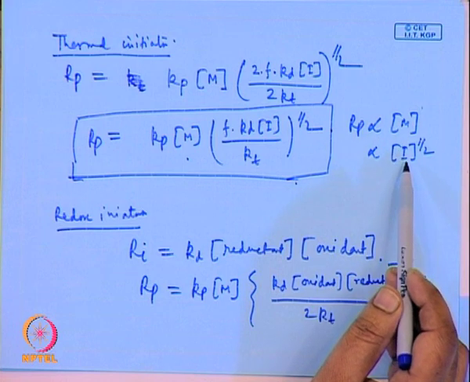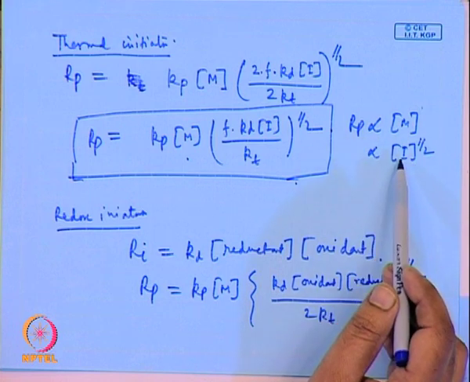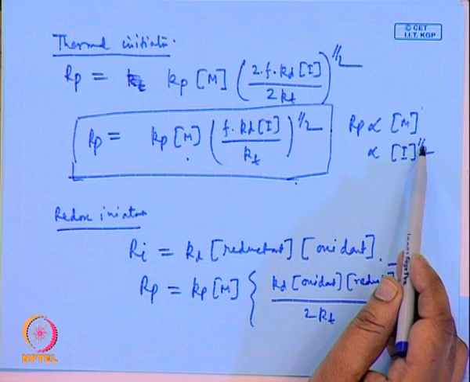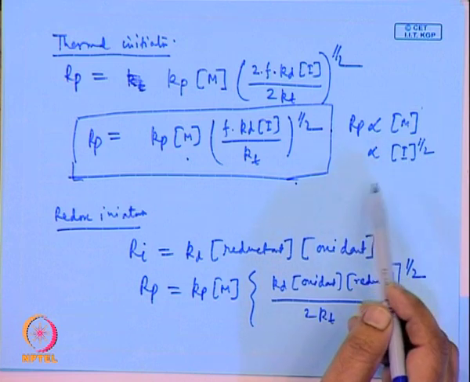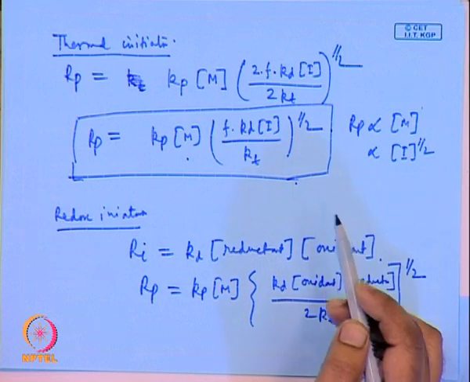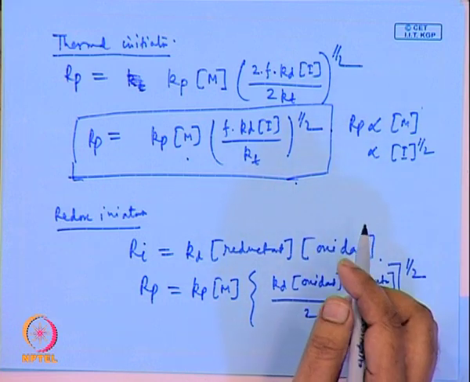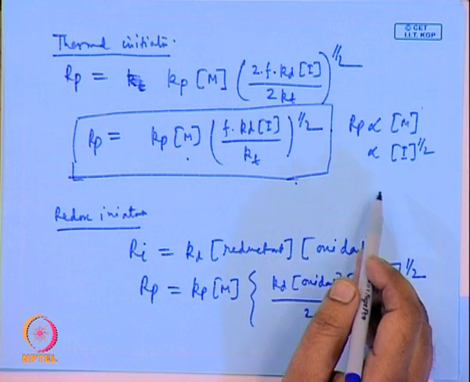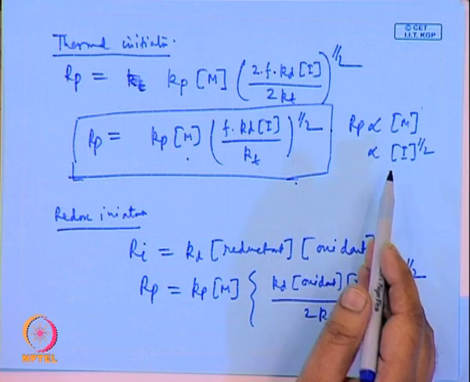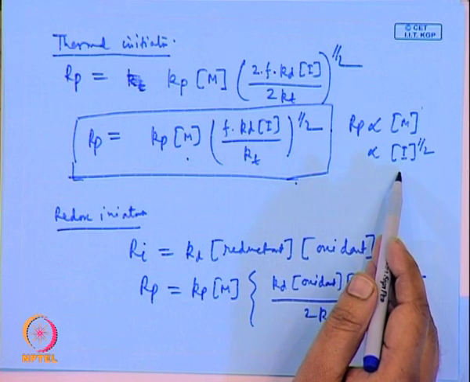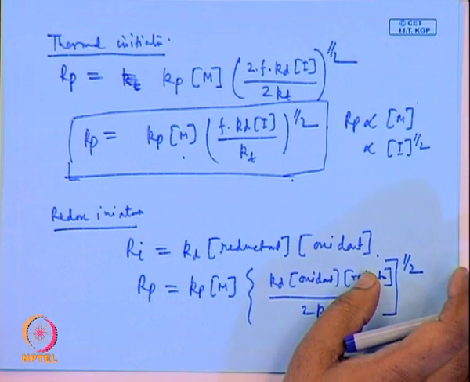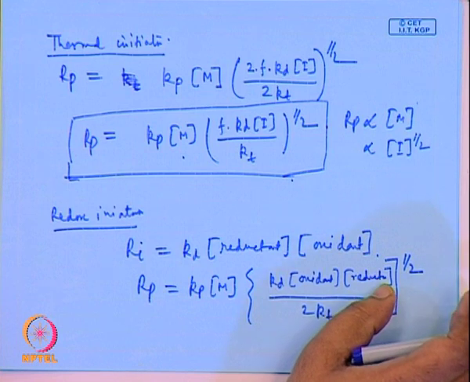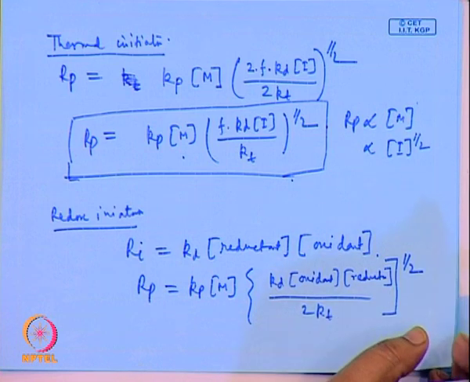Similarly, if it is following even less than that, which means that some of the radicals which are produced from the initiator molecules are not taking part. So, efficiency actually came down during a reaction.